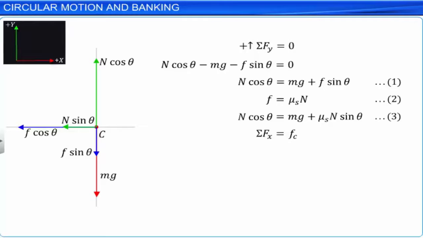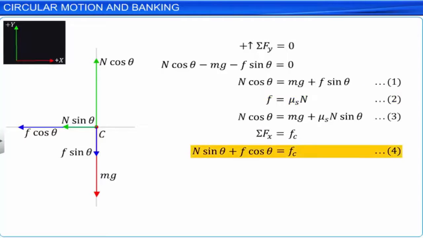This gives us equation 4 as n sin theta plus f cos theta equals Fc. Substituting equation 2 in equation 4 and solving, we get equation 5 as n sin theta plus mu s n cos theta equals Fc.